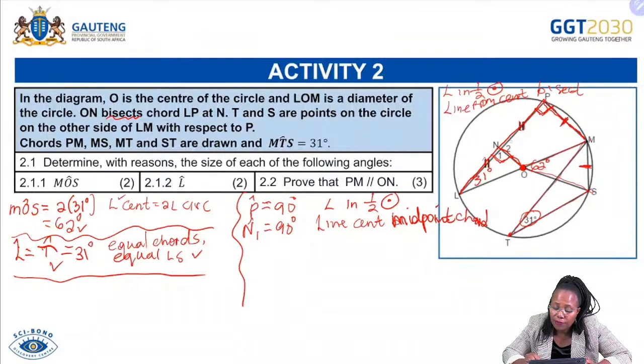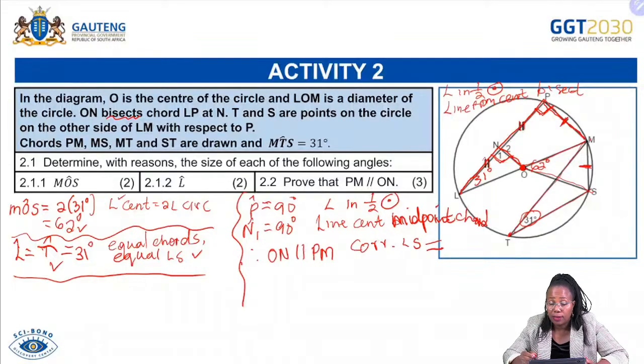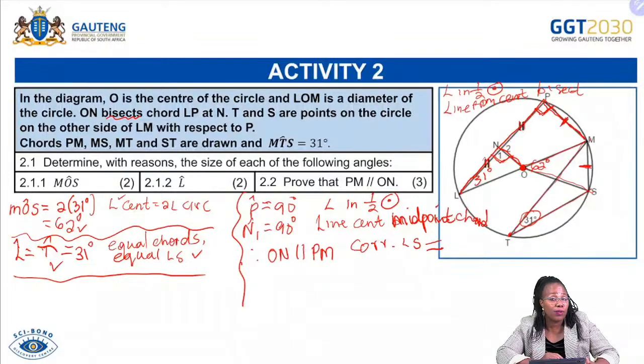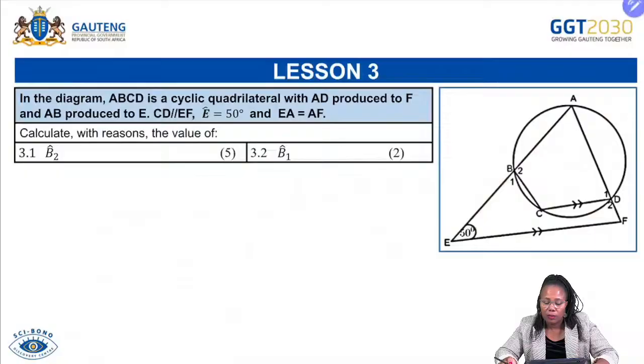And then now, if these two are equal, therefore line ON is parallel to line PM. Why are you saying they are parallel? Because the corresponding angles are equal. We don't write converse, corresponding angles, grade 12. It's just corresponding angles are equal. You don't write converse for parallel lines. We do not write converse in parallel lines.